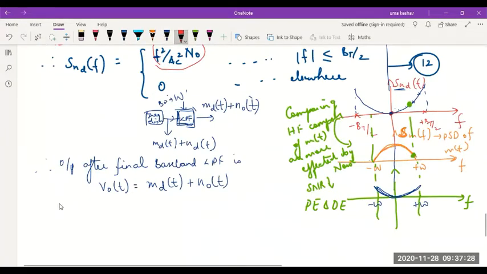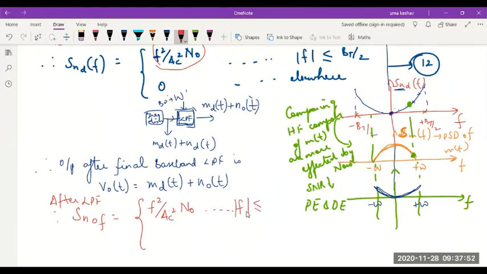You say, therefore, Sn naught of f, the power spectral density after low pass filter. Power spectral density of noise after low pass filter will be the same f square by AC square into N0. Same equation. Only the limitation for its existence is between plus or minus W. That's why I'm showing this as a modulus.